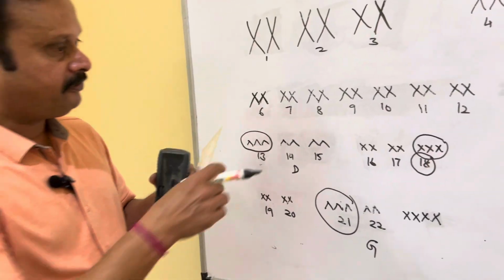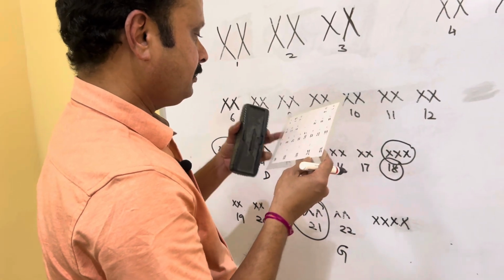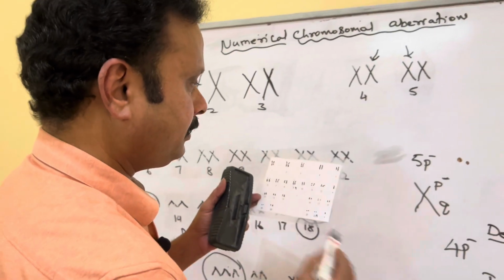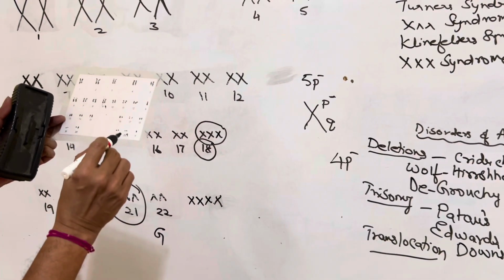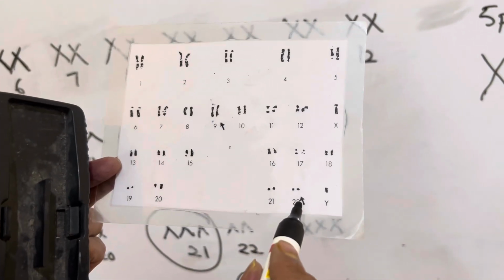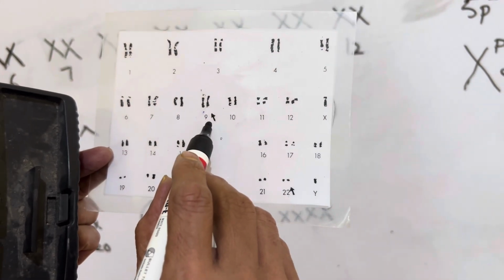The last one here comes under the heading translocation, which means translocation of the long arm of chromosome number 22 to the long arm of chromosome number 9.